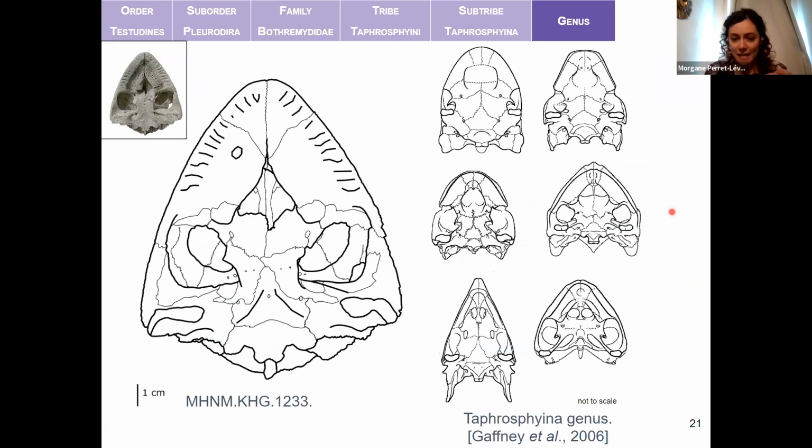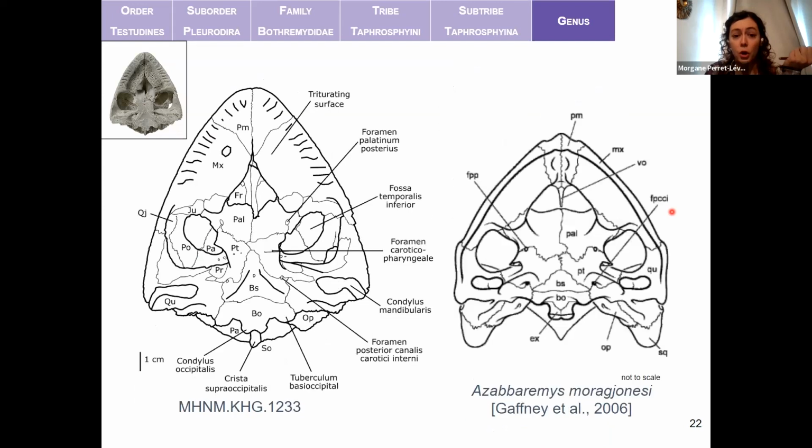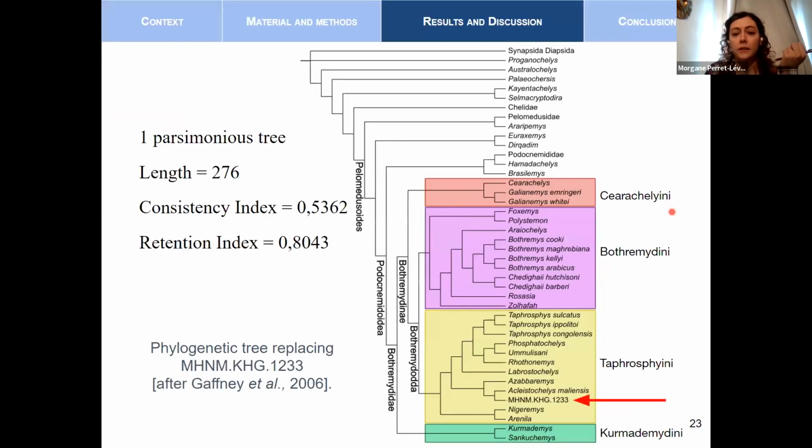So we can see it's very different from the other genera present in the Taphrosphyina subtribe. The closest is Azabbaremys moragjensis in my anatomical study, and it's still very different. In the phylogenetic analysis, we can see it's very close to Azabbaremys, so it's very conclusive.